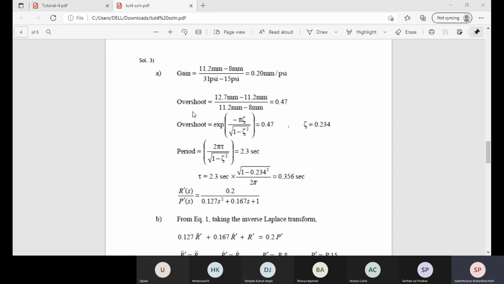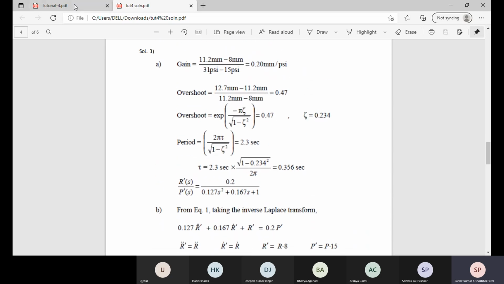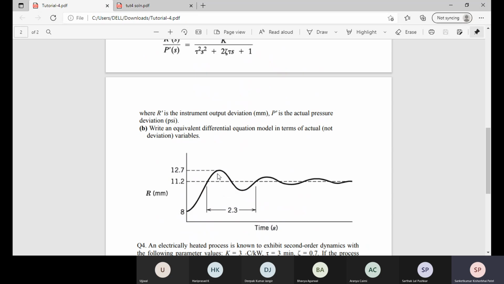Also overshoot. Overshoot is nothing but the ratio of A by B. So from the figure we can find this value, and from the definition of overshoot we will get the value of zeta, and also we can see the time period of oscillation.